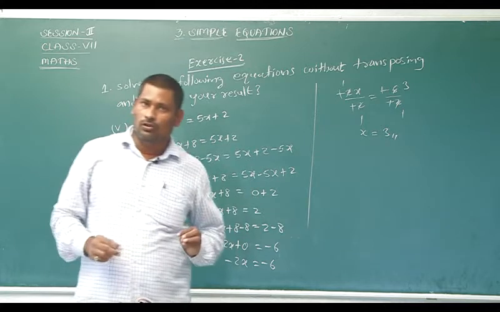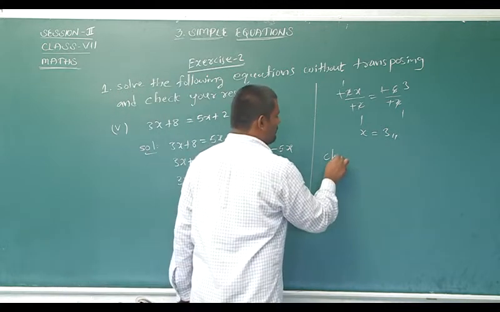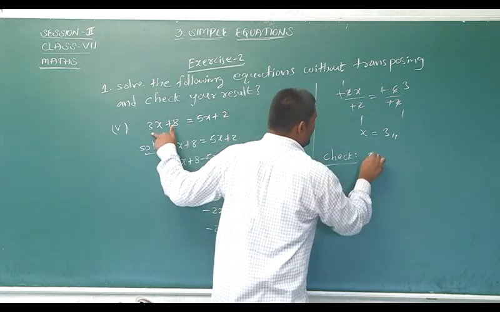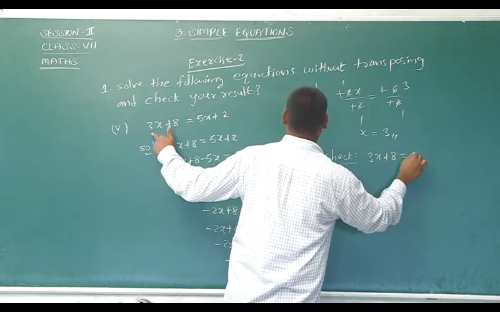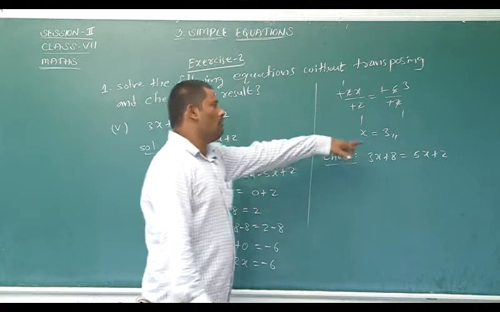Now we have a doubt whether it is correct or not. We can check our solution. Write the given equation, 3x plus 8 equal to 5x plus 2. In place of x, substitute the value we got.